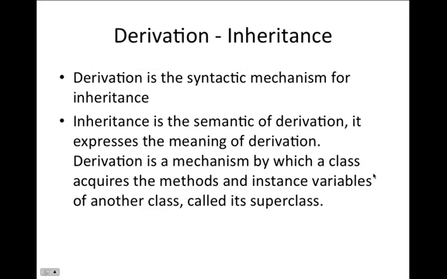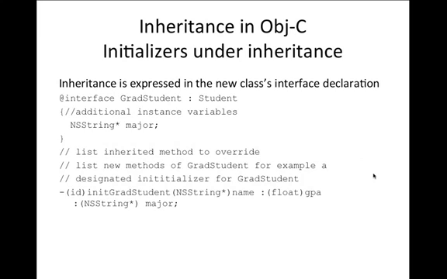So the same concepts that apply in other object-oriented languages apply in Objective-C, where we have subclasses that have superclasses, and a subclass can be a superclass, and a superclass can be a subclass. Essentially, we have an entire hierarchy of classes. Inheritance is expressed in new classes in terms of its interface declaration, and here it is.